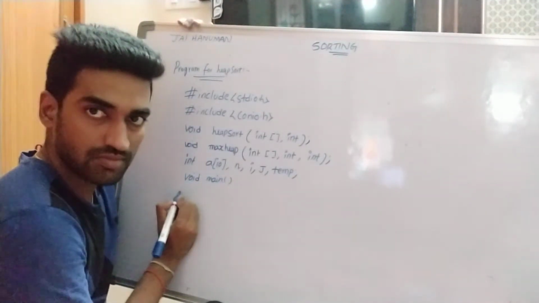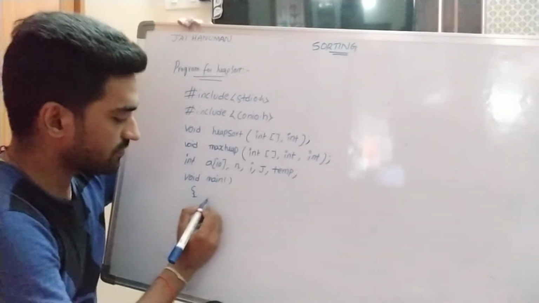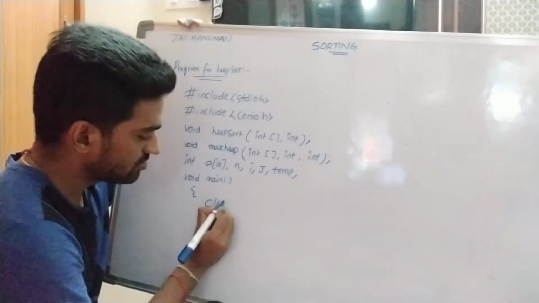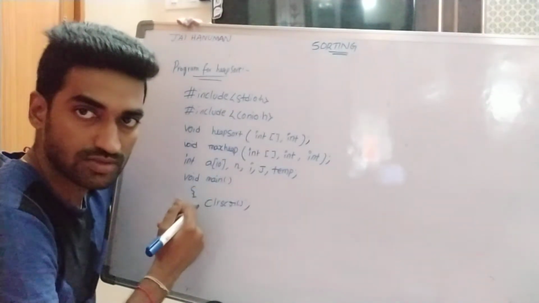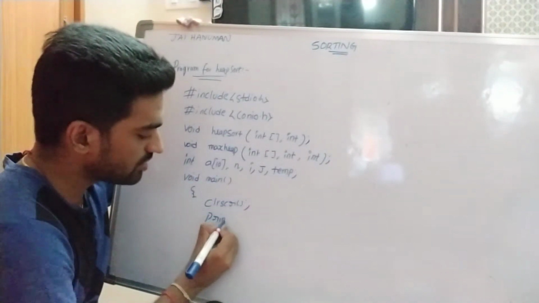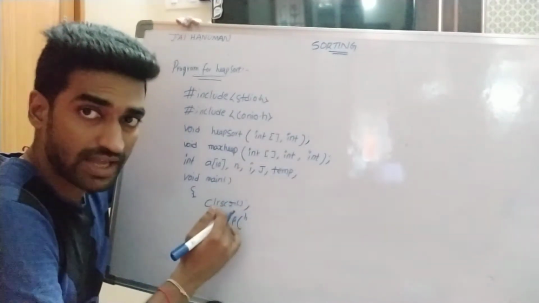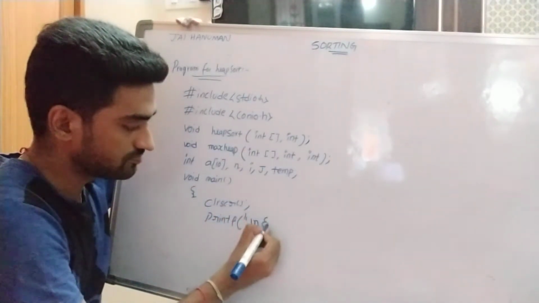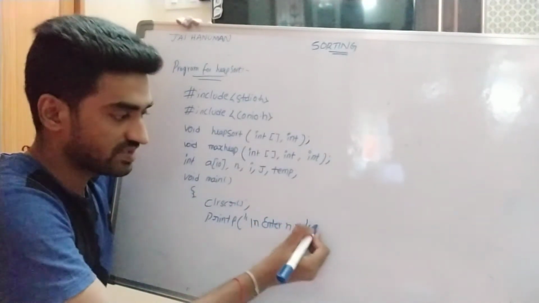In the main function, first of all I am writing clrscr to clear the previous outputs. First we enter the number of elements in the array, which is read into the n variable. So, enter n value.